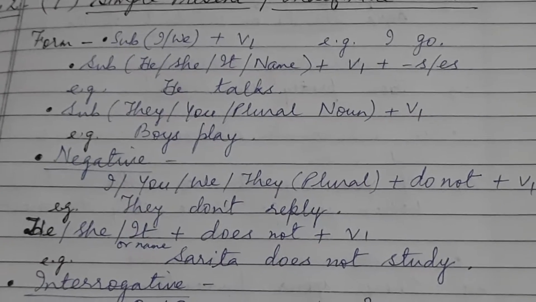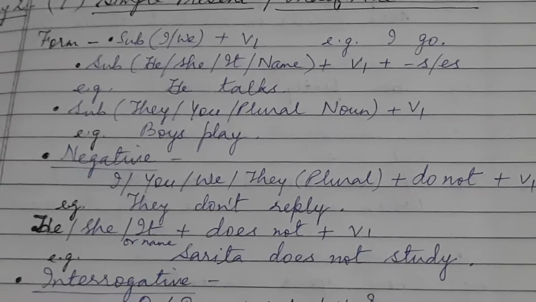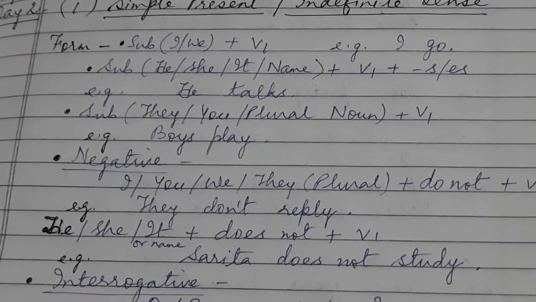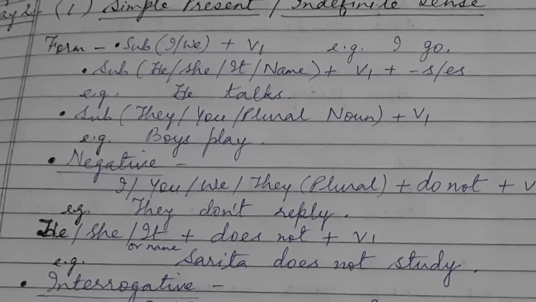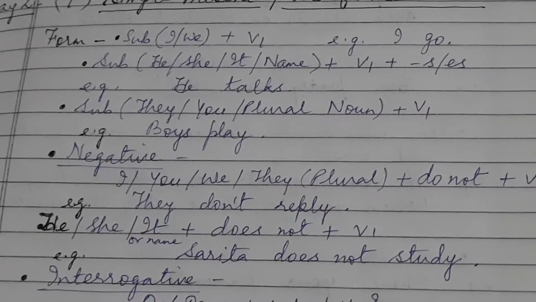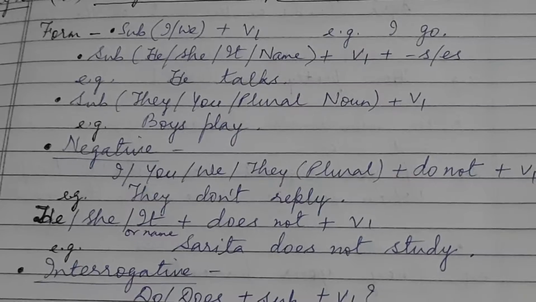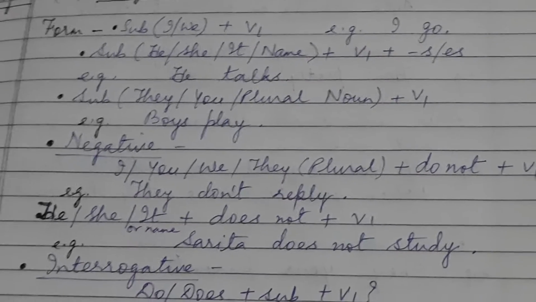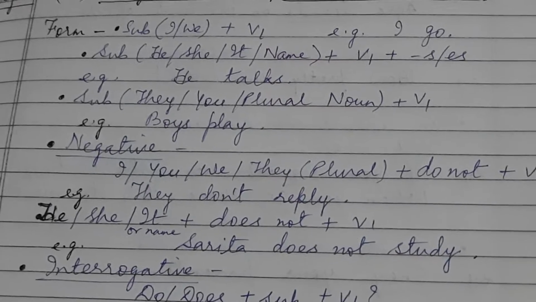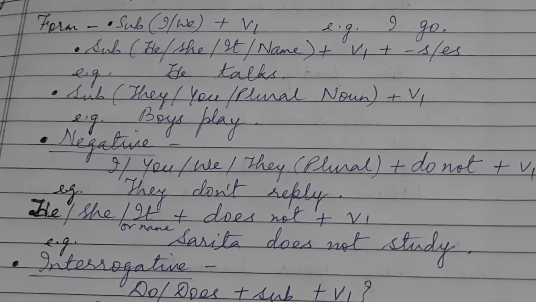So always remember, we always use the first form of the verb in simple present or present indefinite tense. And here the subject can be I, meaning first person pronoun, and we, which is again first person, but what is the difference between these two words?